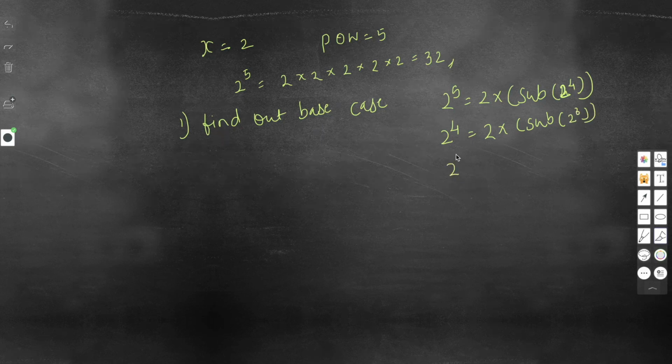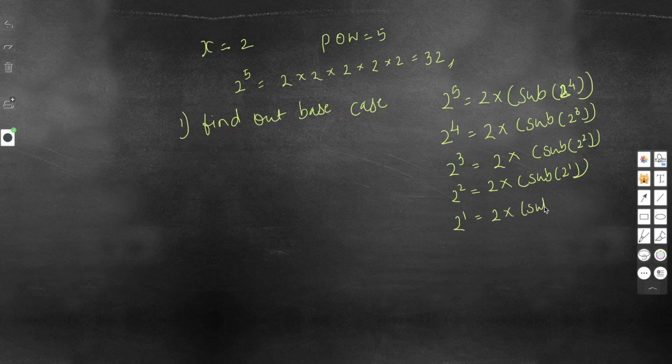If I want to calculate 2 to the power 3, then I will multiply myself with the sub problem 2 to the power 2. If I want to calculate 2 to the power 2, then I will multiply myself with sub problem 2 to the power 1. If I want to calculate 2 to the power 1, then I will multiply myself with the sub problem 2 to the power 0. What is 2 to the power 0?